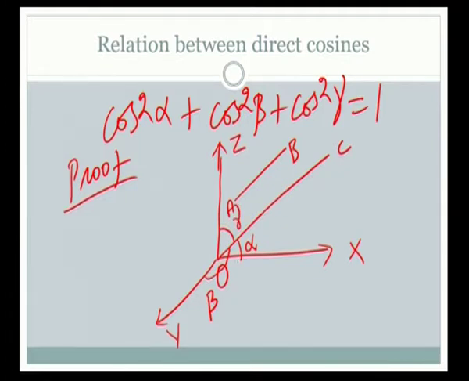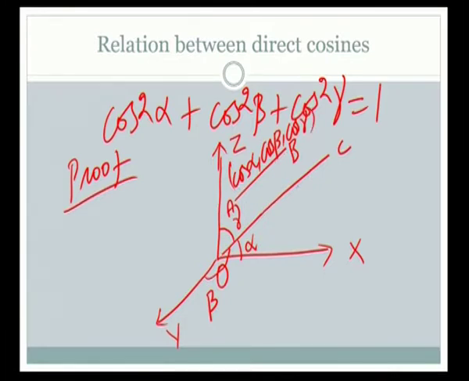So, cos alpha, cos beta, cos gamma, these three are the direction cosines of the given line.